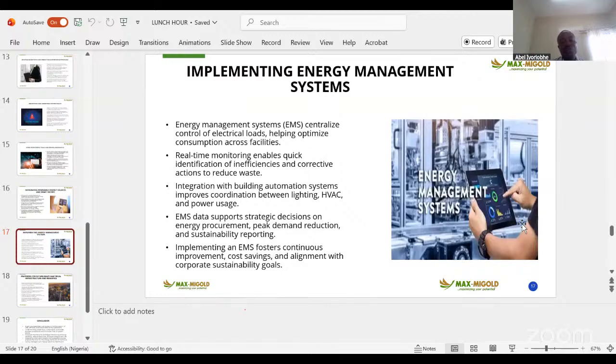So it helps you to work smartly and pocket friendly, as well as reducing your cost of managing your power system. So EMS data supports strategic decisions on energy procurement, peak demand reduction, and sustainability reporting.